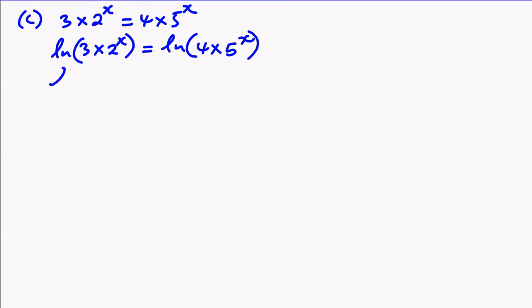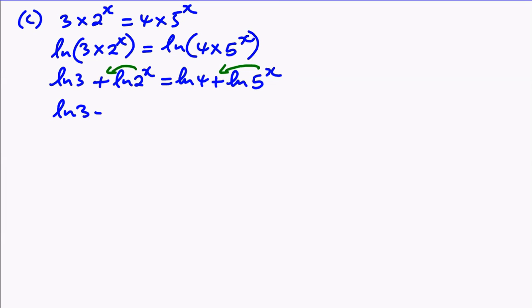So you'll end up with ln 3 plus ln 2 to the power x is equals to ln 4 plus ln 5 to the power x. Bring this to the left, that to the left. So you'll end up with ln 3 plus x ln 2 is equals to ln 4 plus x ln 5.